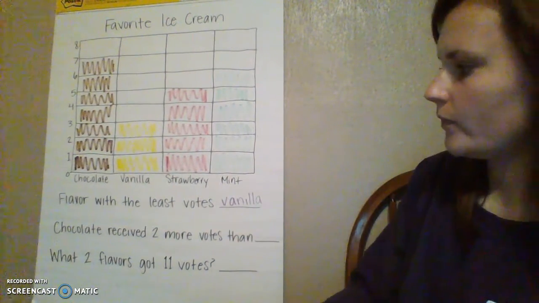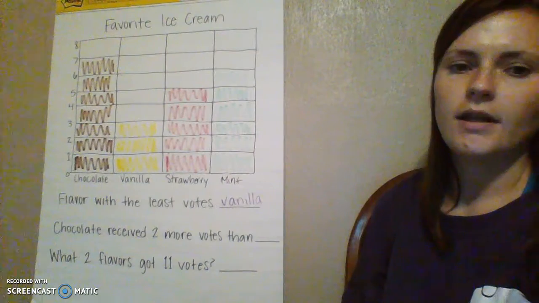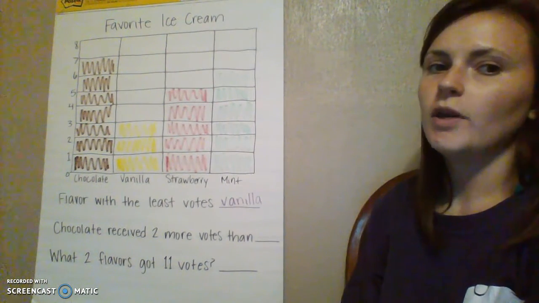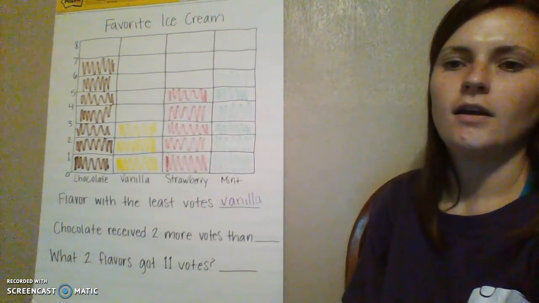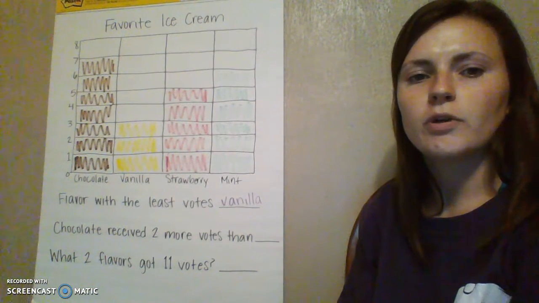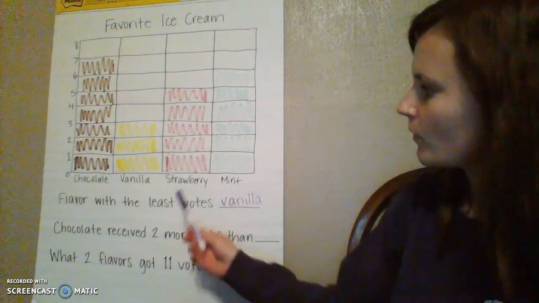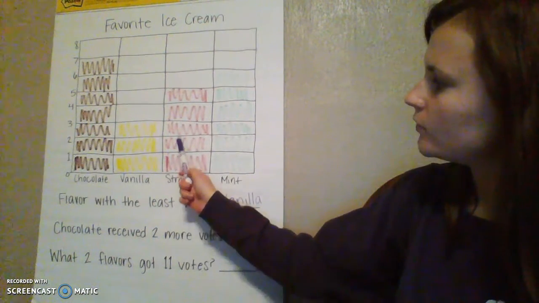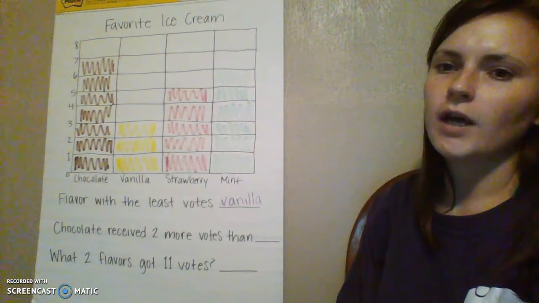Number 2, chocolate received 2 more votes than what? So we have to look at chocolate. Chocolate received 7. Okay, now we have to look at our other flavors and decide which one of those got 2 less than chocolate. So strawberry got 1, 2, 3, 4, 5. So I'm going to think, is 5 2 less than 7?